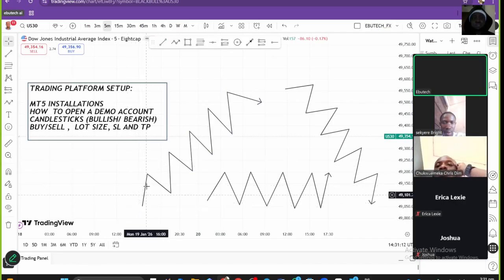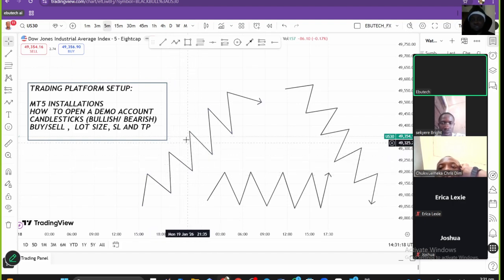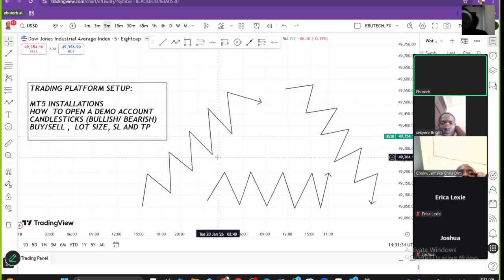When the market goes up, it will retrace a little bit, go up again, retrace a little bit, go up, retrace a little bit. This is what we call higher highs and higher lows. Do you understand now?